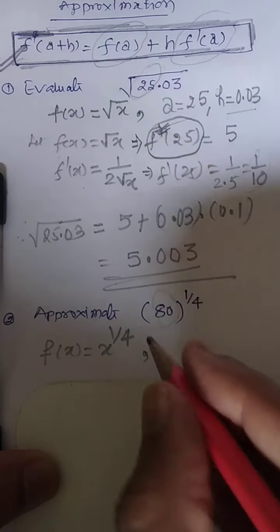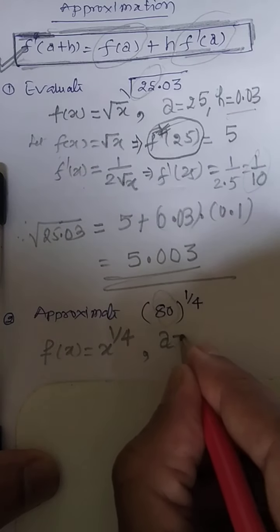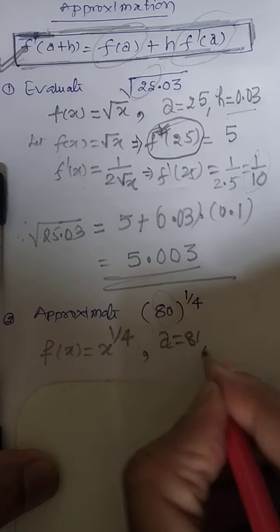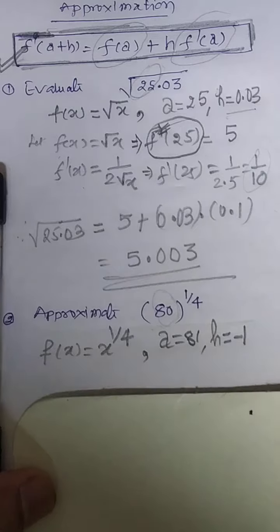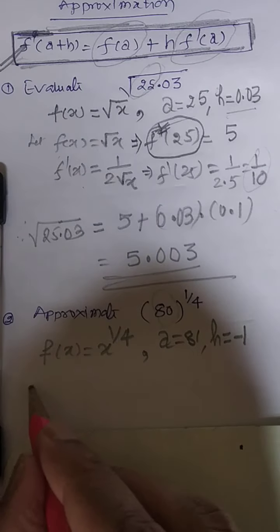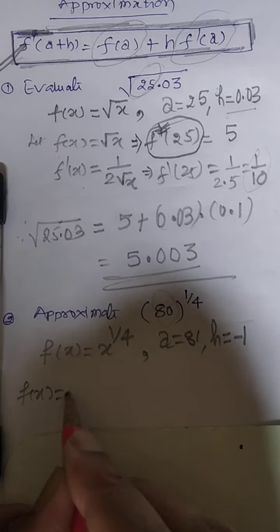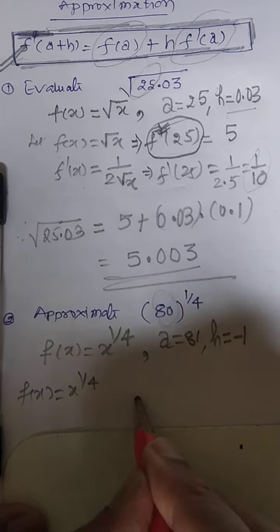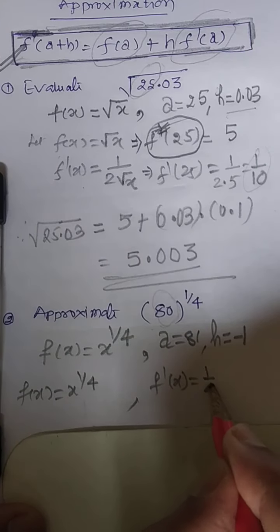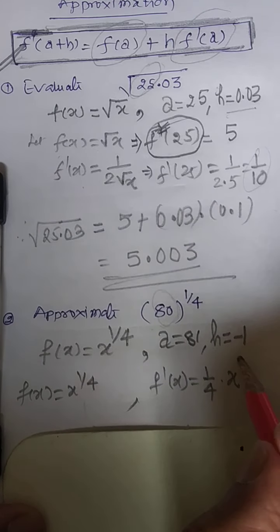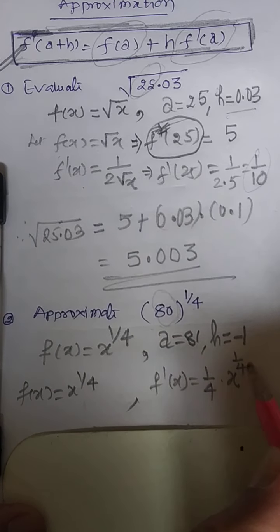Which number is there? Correct. It will be 81. And the value of h will be now over here, it will be -1. Now again the same procedure. F of x you can write separately, x raised to power 1 by 4. Similarly f dash of x you can calculate, it will be 1 by 4, x raised to power 1 by 4 minus 1.